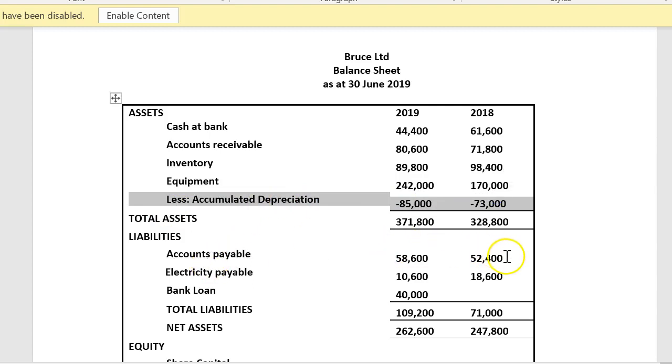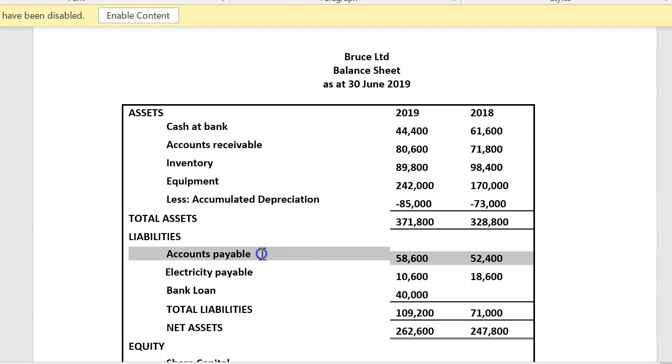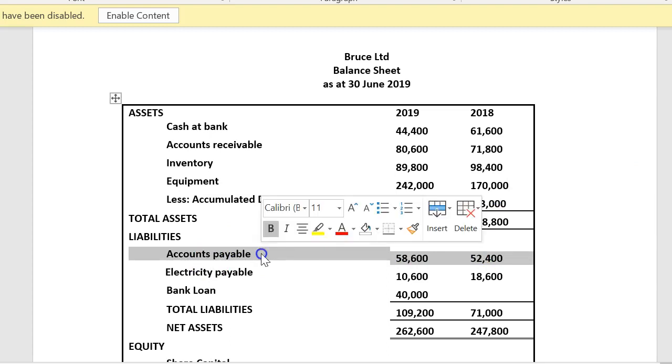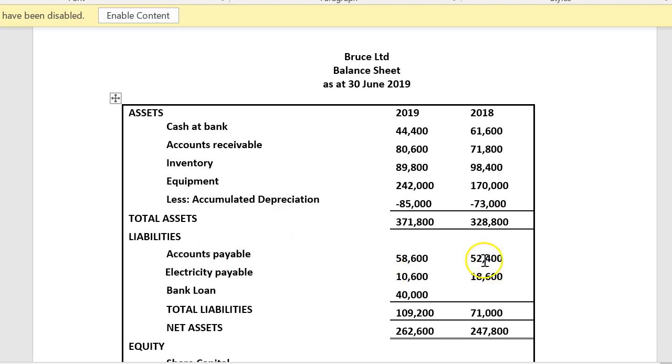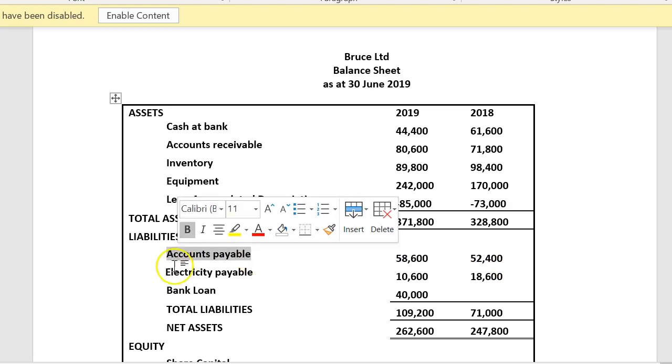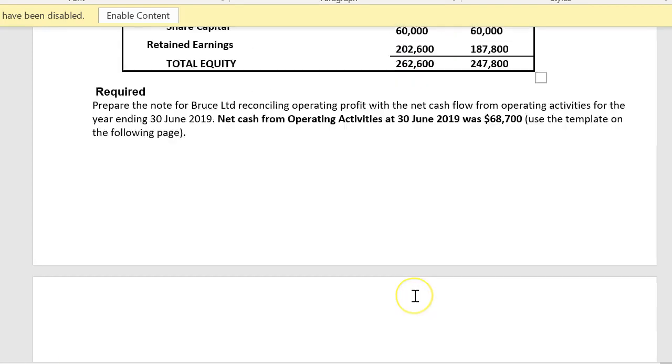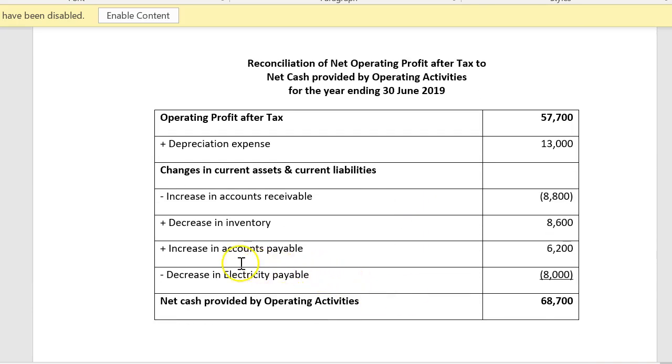Accounts payable. Now accounts payable is a current liability. Accounts payable increased by 6,200 from last year. Increase in accounts payable is a credit, so you add that. That's what you see here.